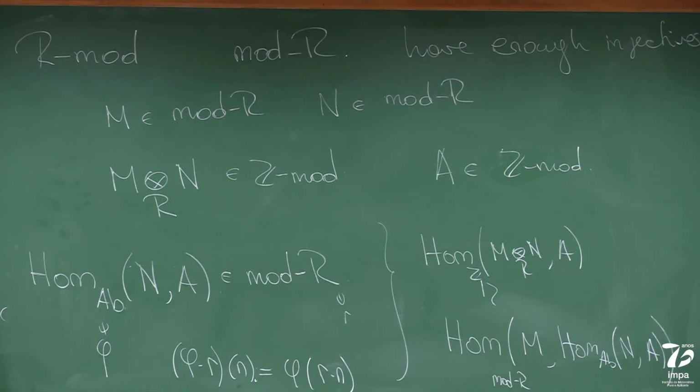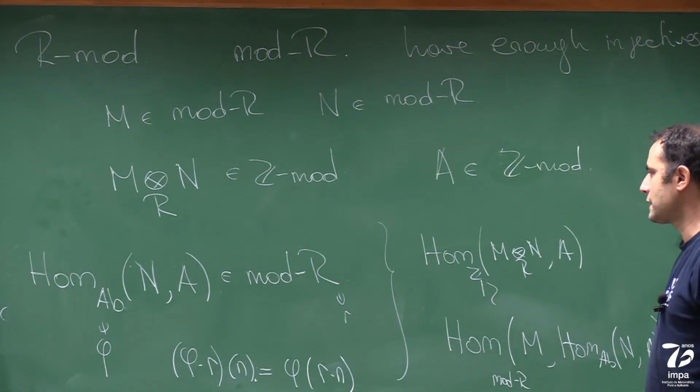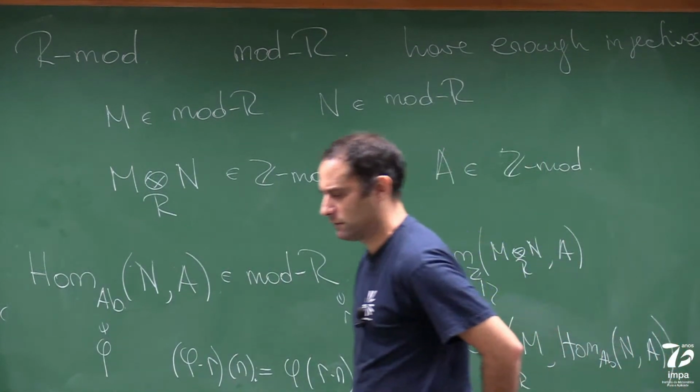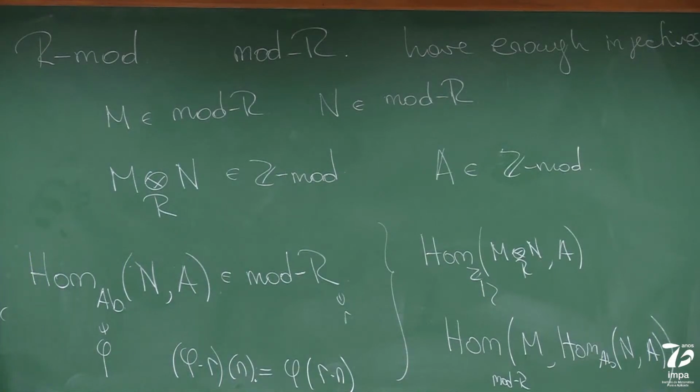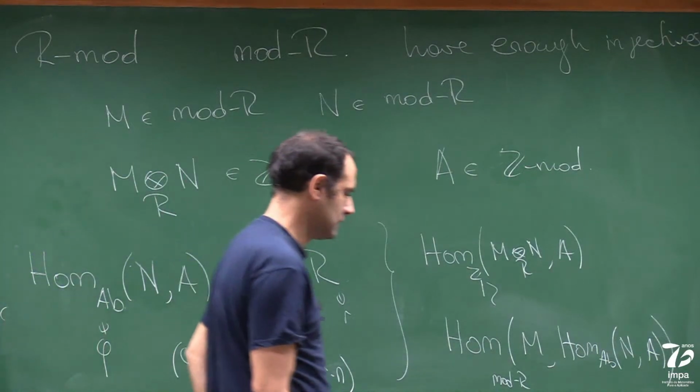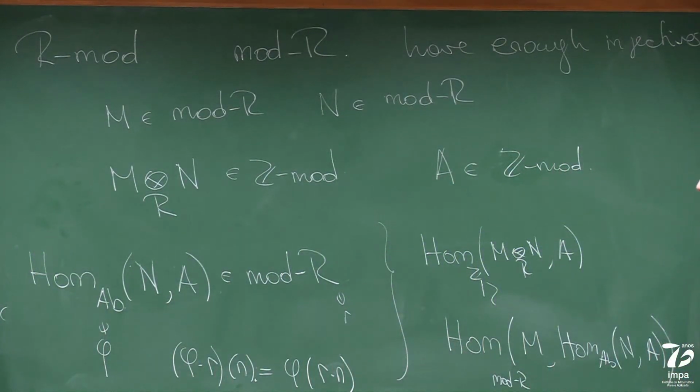I want to use these functors that I have from the category of R modules to the category of abelian groups, and I have this adjunction. So let's fix some of them. I want to apply the previous lemma, and let's see.